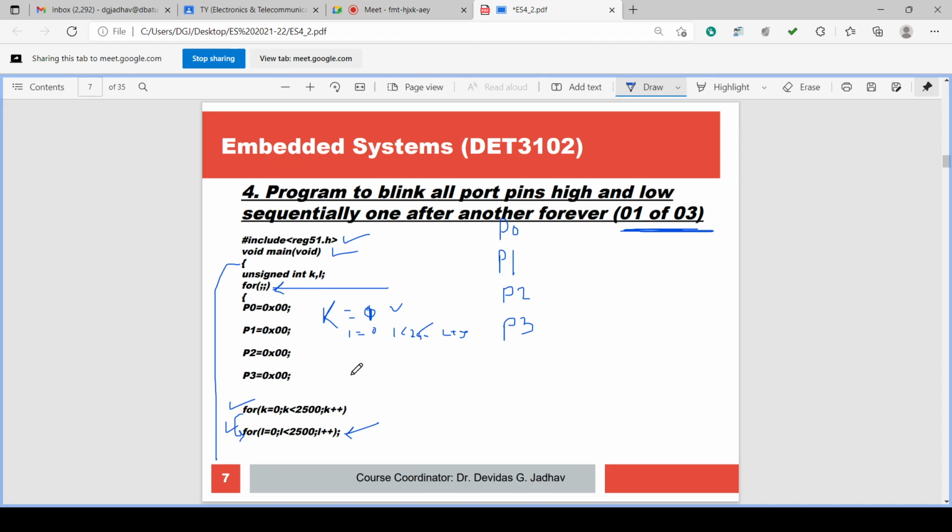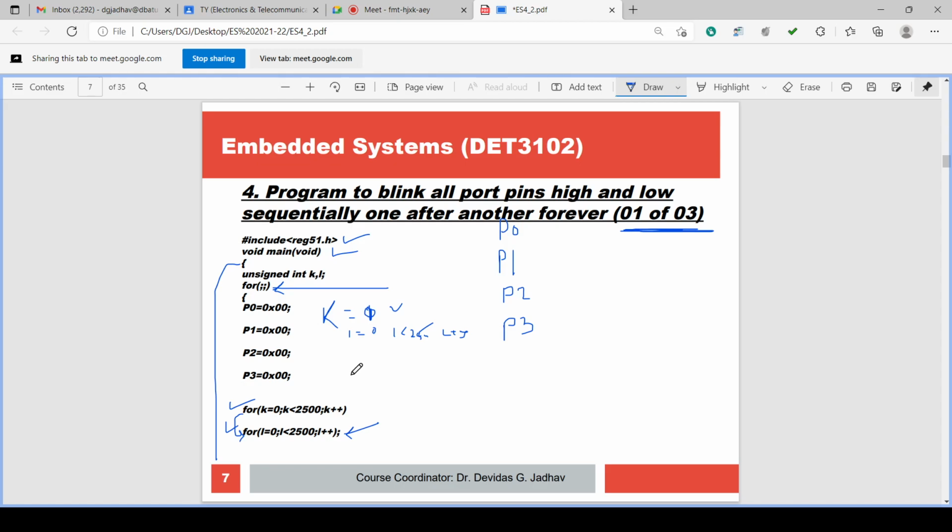count, the maximum count. So the second for loop executes for the total count times the total count of the first for loop. So the for loop for L is executing 2500 into 2500 times.